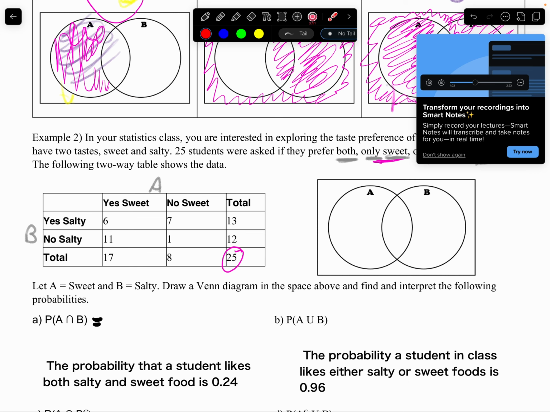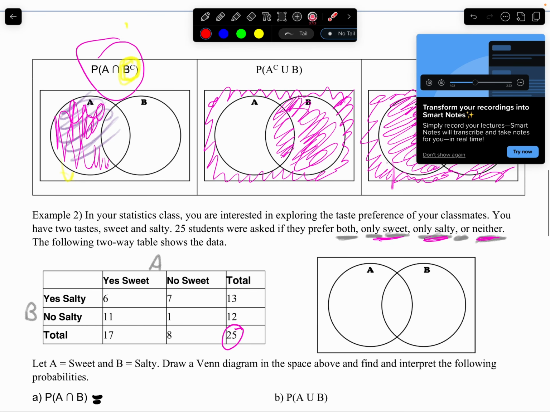So let's take a look at this. I think we can do it inside the Venn diagram. So let's call A our sweet, and you can write sweet and salty on the circles if it helps you.